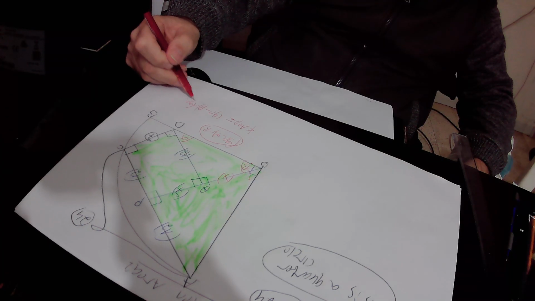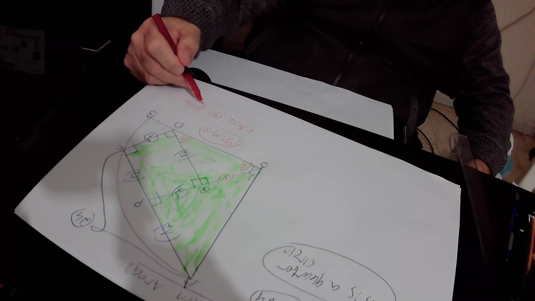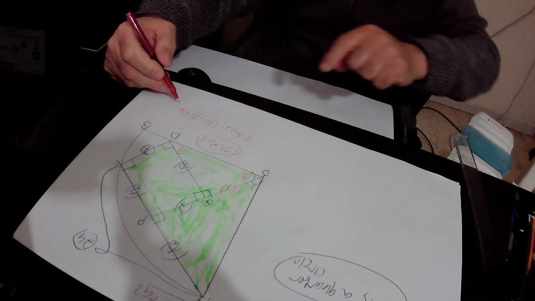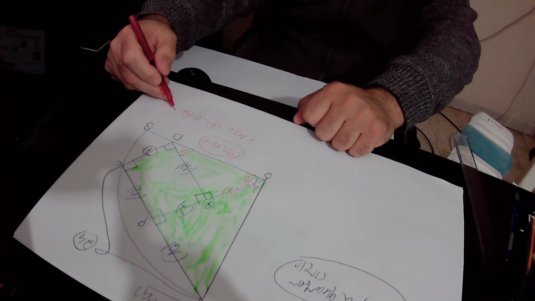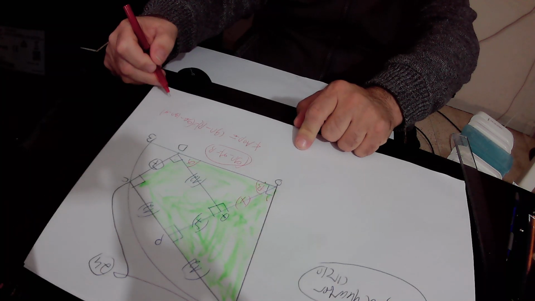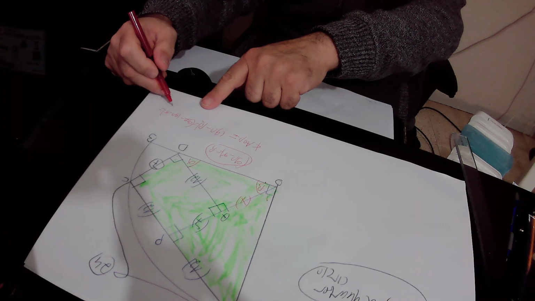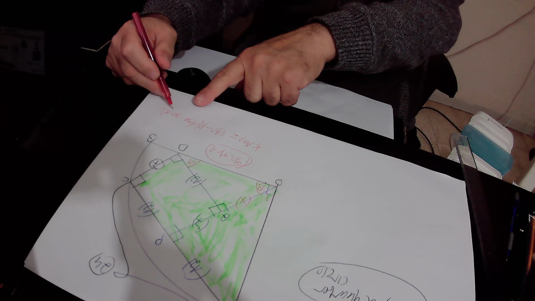It is 90 degrees minus beta, and beta equals 90 degrees minus alpha, so we substitute beta by 90 degrees minus alpha. We'll open the brackets here. 90 degrees minus 90 degrees is 0, and minus times minus is plus.